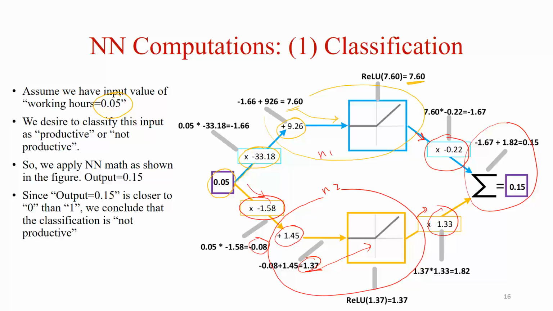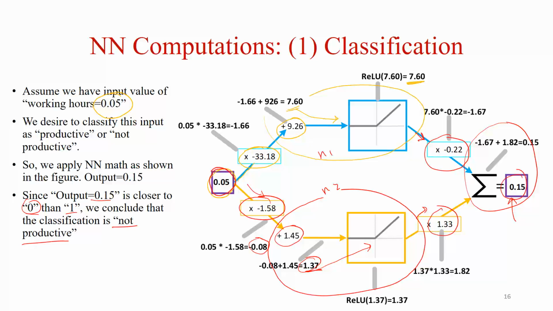So now we add the results here, and we get a result of 0.15. If you recall, 0.15 is very low, between 0 and 1. This is close to 0, so we can classify this as not productive. So a working hour of 0.05 is not productive.